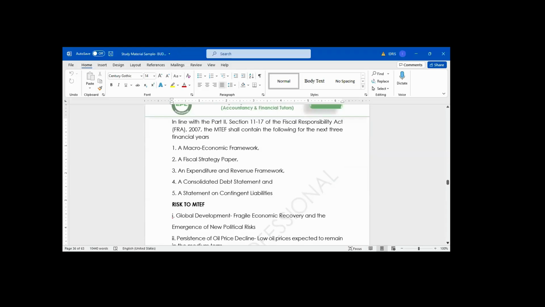Expenditure framework: how much do we intend to spend in the next 3 years in terms of recurrent expenditure and capital expenditure? In the next 3 years, how much do we intend to generate in terms of capital revenue or recurrent revenue? All these are the content of medium-term expenditure framework. So I think your question has been answered.